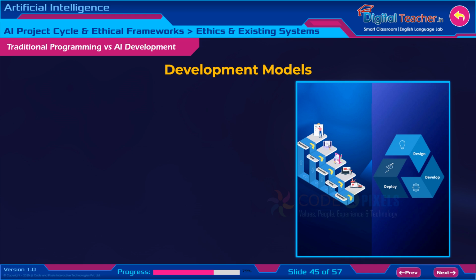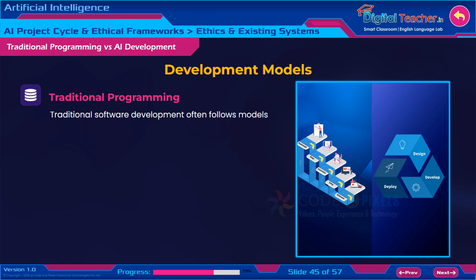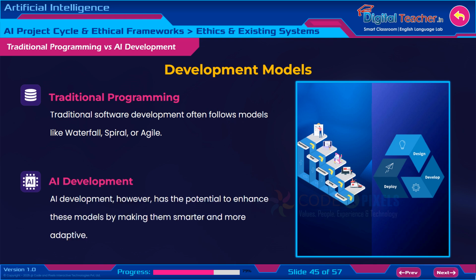Development models. Traditional software development often follows models like waterfall, spiral, or agile. Artificial intelligence development, however, has the potential to enhance these models by making them smarter and more adaptive.